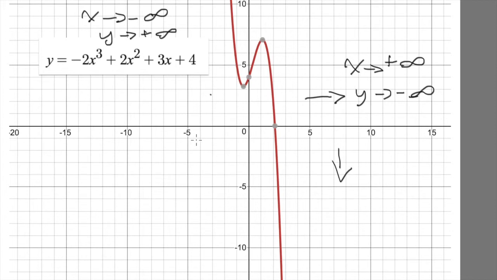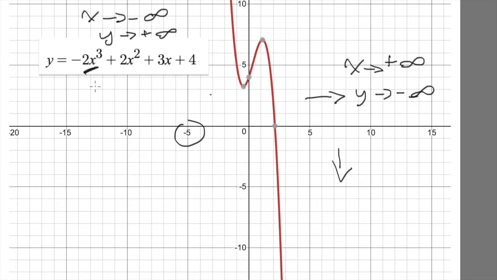And then on the other end of the end behavior, as x is getting increasingly negative, y gets obviously increasingly positive. If this is hard to visualize, just think of it in terms of numbers. If you take negative 5 and put it in this leading x term, this leading term will, as you get into higher order functions, tend to dominate.